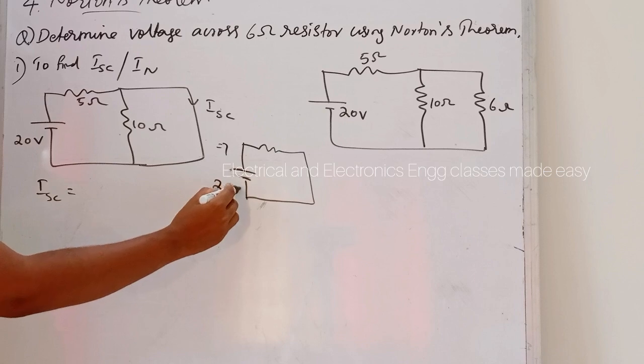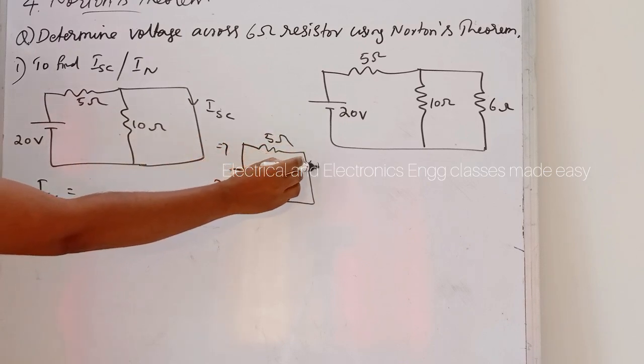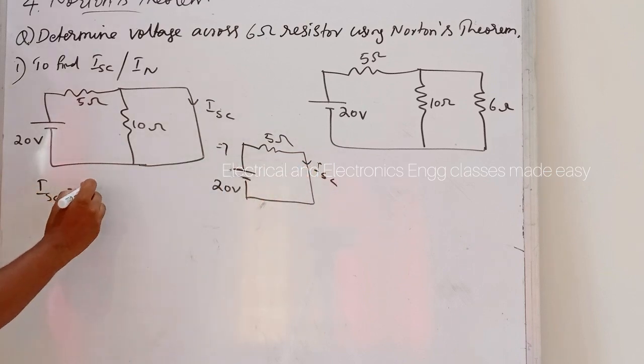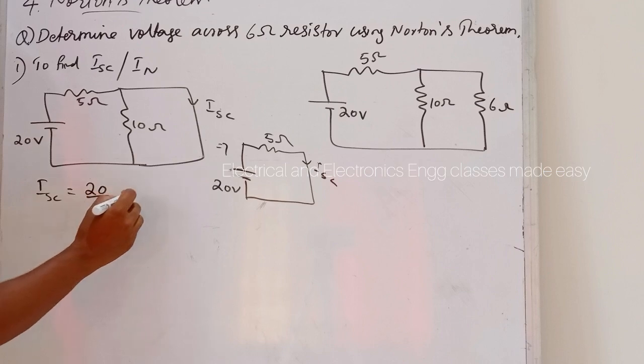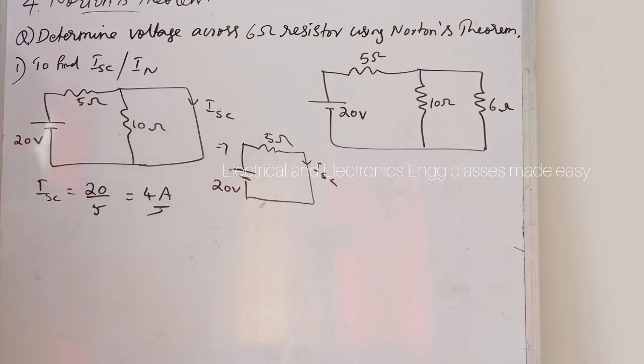So in effect, the circuit diagram will be like this. So this is ISC. What is ISC? It is 20 divided by 5 and that is equal to 4 ampere. So ISC is 4 ampere.